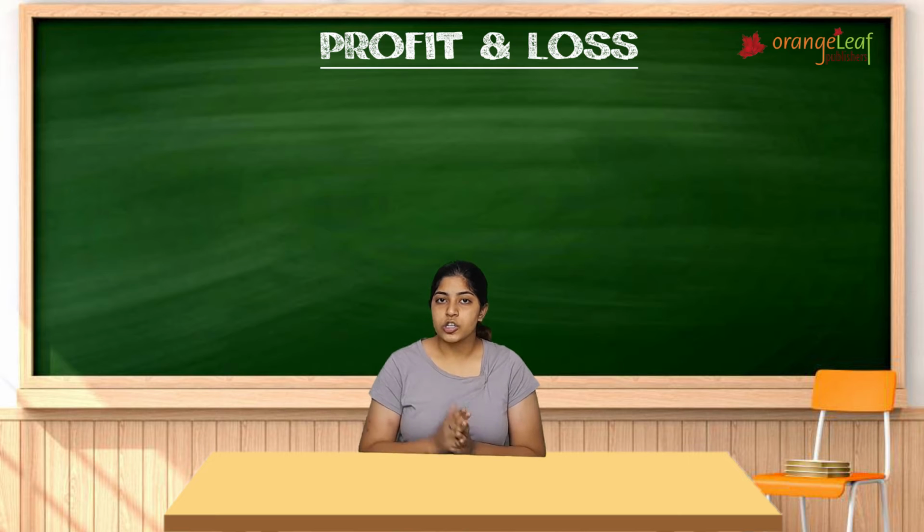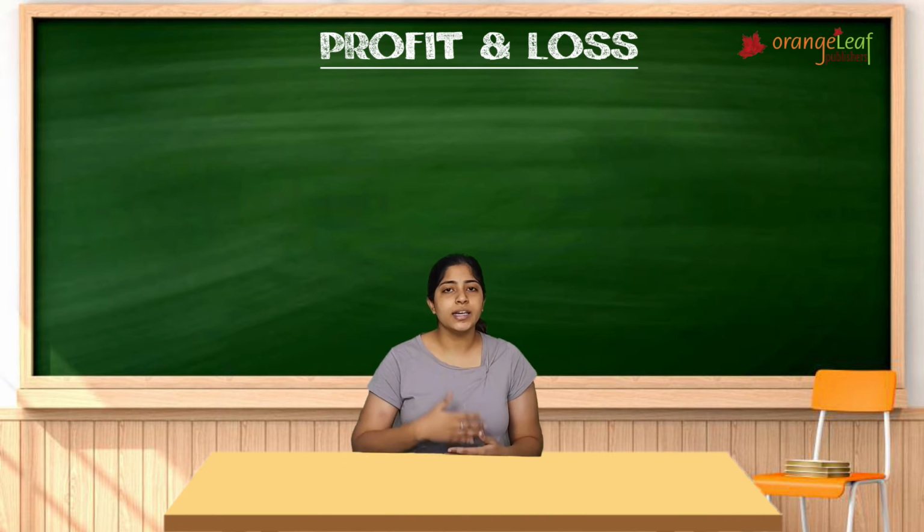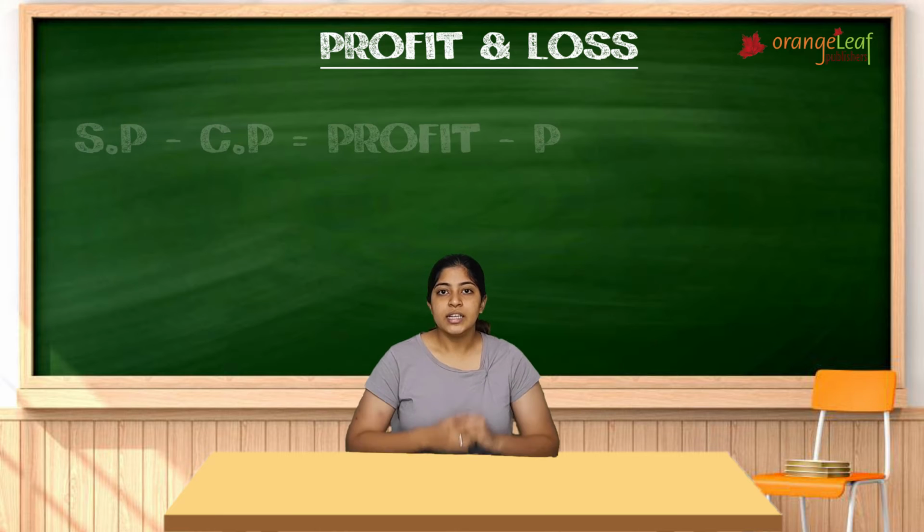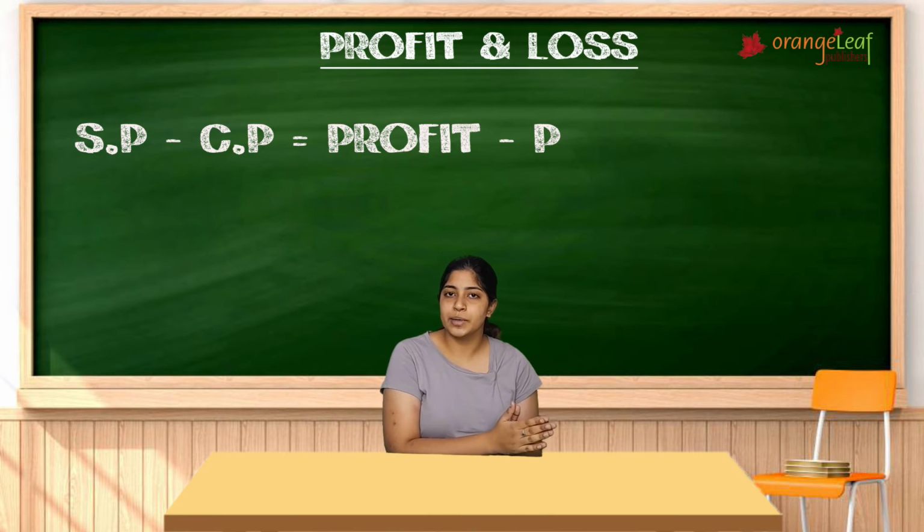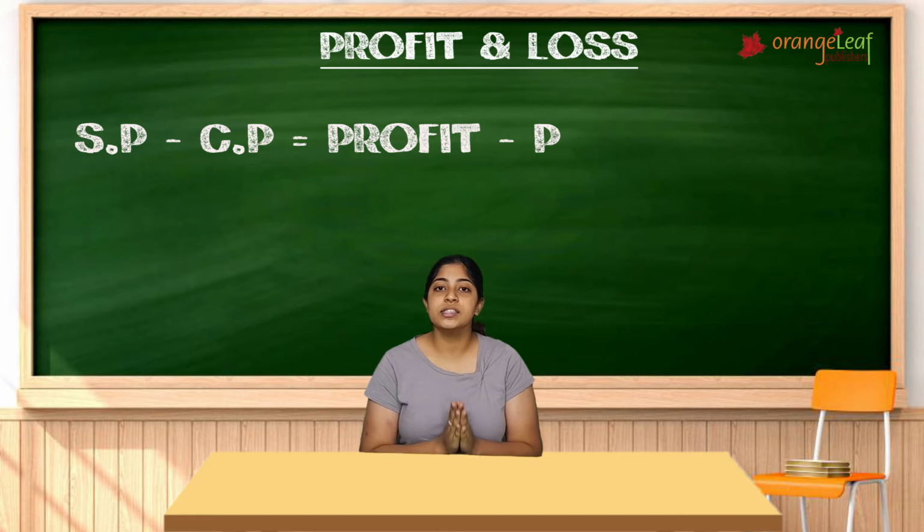Let us talk about profit and loss. Now, generally, shopkeepers tend to sell articles at a price which is higher than its cost price. The difference between the selling price and the cost price is the profit that the shopkeeper made.